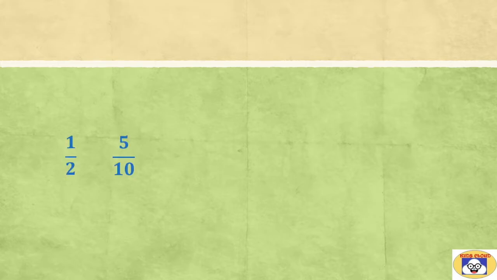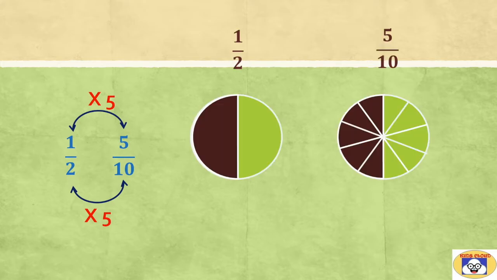Similarly, 1 by 2 and 5 by 10 are equivalent fractions. When we multiply the numerator and the denominator of 1 by 2 with the number 5, we get the fraction 5 by 10. For better understanding, here is a pictorial representation of these equivalent fractions.